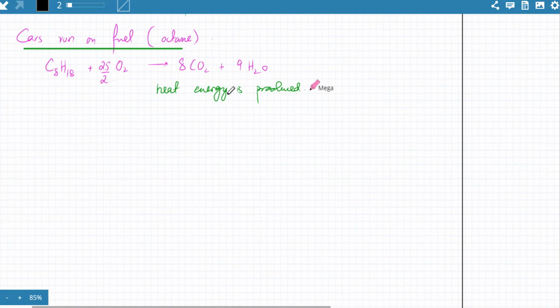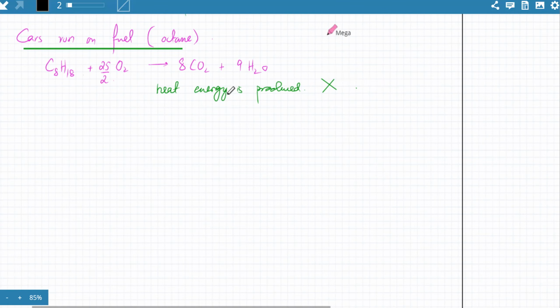It's not used anywhere. The car doesn't really work on that, and it actually is harmful for the engine. So you have to constantly remove that heat energy.